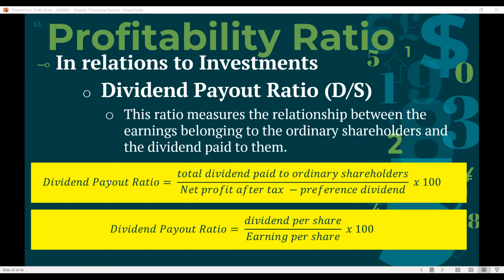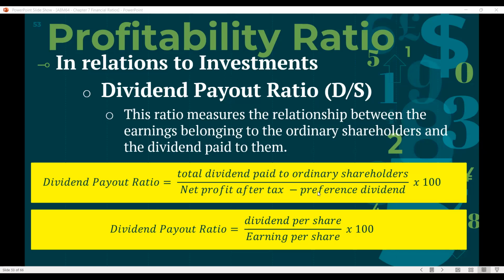How much they directly get from earnings and dividend. So total dividend paid to shareholders over the net profit after tax plus the preference dividend.